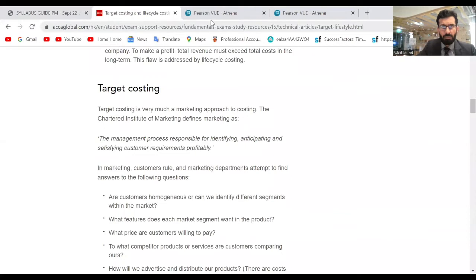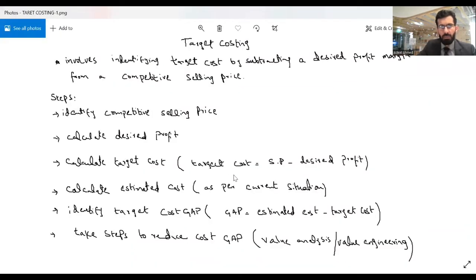So we will be doing this calculation as well. We will practice one of the questions on how to calculate the target cost.